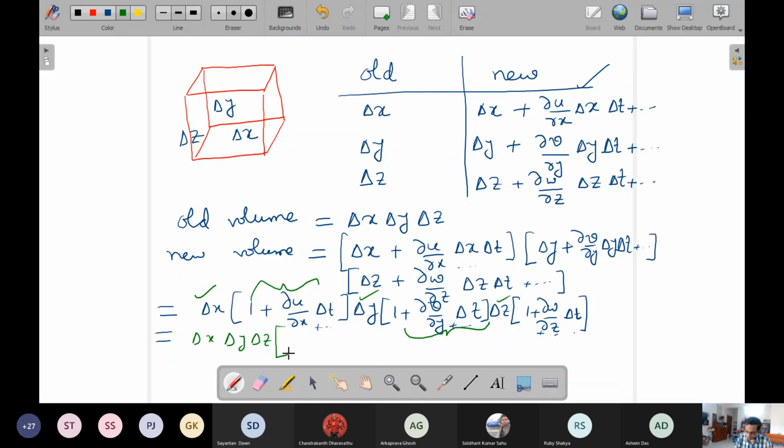So if you multiply these two terms, first is 1 into 1, that is 1, then 1 into the other term, then this term into 1, and then you see there is a product of two terms, this one and this one, which will make it of the order of delta t square. All our higher order terms will actually tend to 0 after we take the limit.